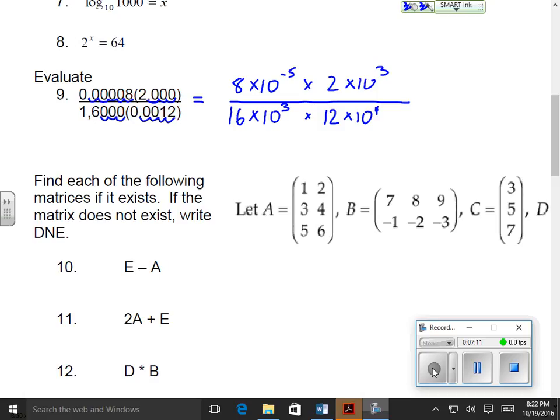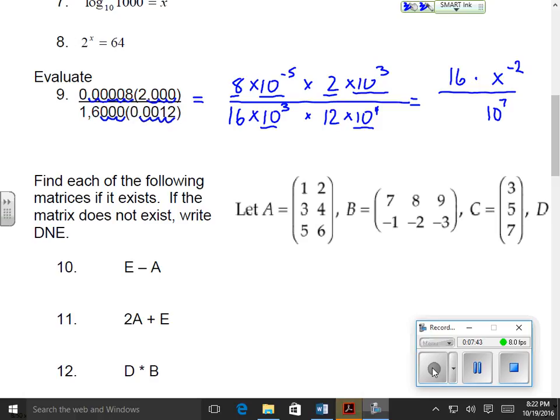And so what I can do here is look at all the numbers with exponents of 10 and use my exponent rules. So the 10 to the 3rd and 10 to the 4th becomes 10 to the 7th on bottom. 10 to the negative 5th and 10 to the 3rd becomes 10 to the negative 2nd when you add the exponents together. 2 times 8 is 16.